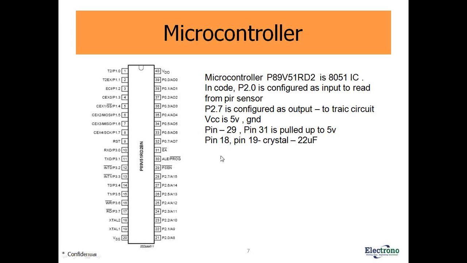As I said, based on the application, if you want high operating speed, we can choose a microcontroller which can operate at a higher frequency. For example, if I take a PIC architecture, the microcontroller operates at 20 megahertz, but the prescaler value is only 4.